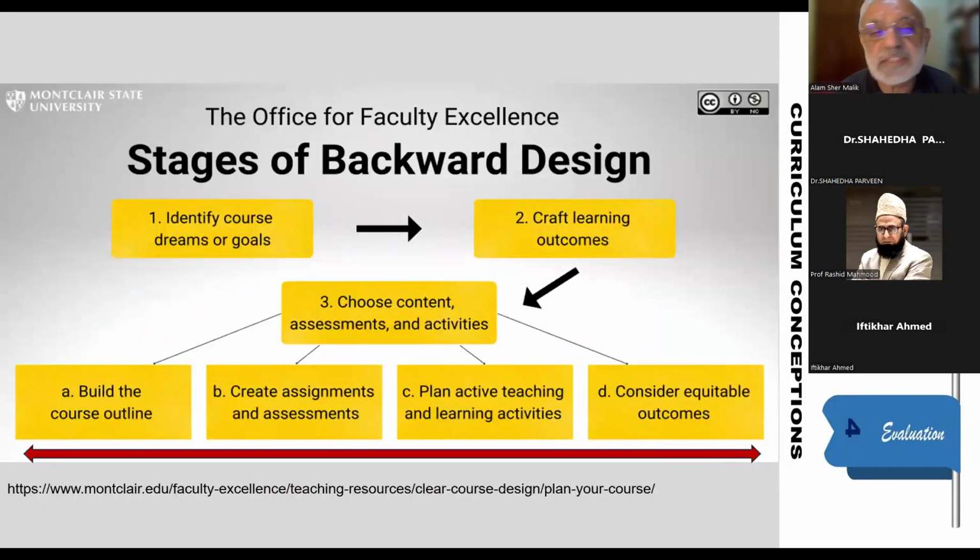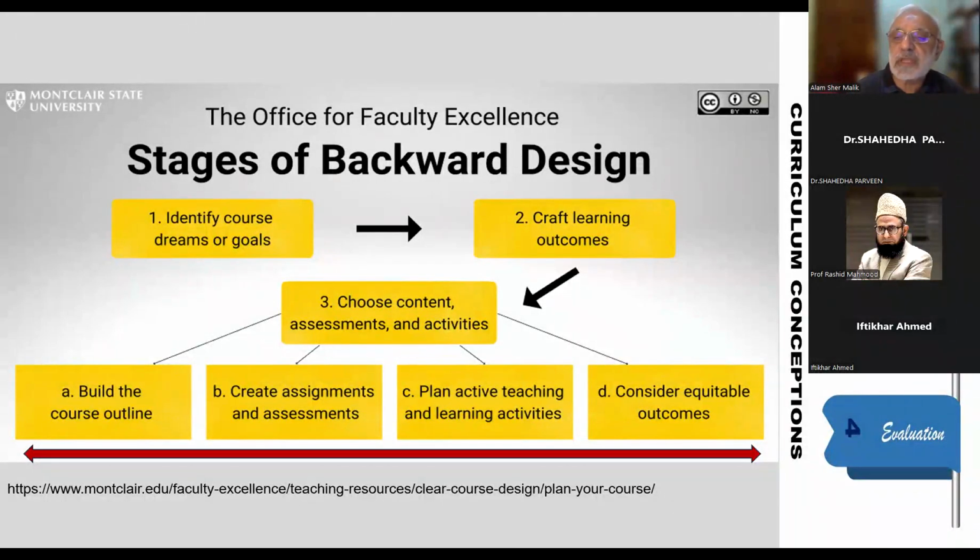Another diagram to explain it: number one, we have to identify the course goals, that is, the learning outcomes. From that, we derive learning outcomes, and then we choose the content accordingly. So this is a top-down approach, a backward approach.